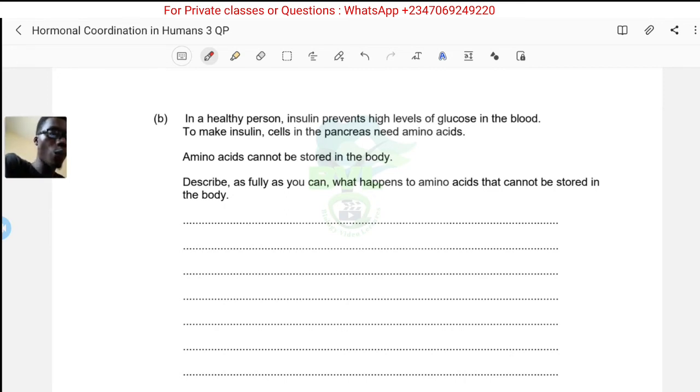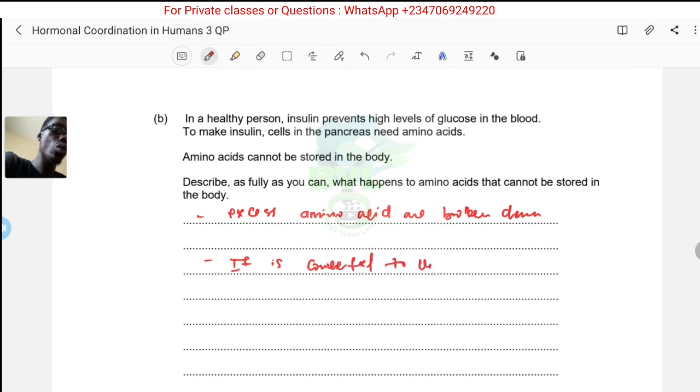Oh, okay, 3 marker. Basically, excess amino acids are broken down. They are converted to urea. This takes place in the liver.